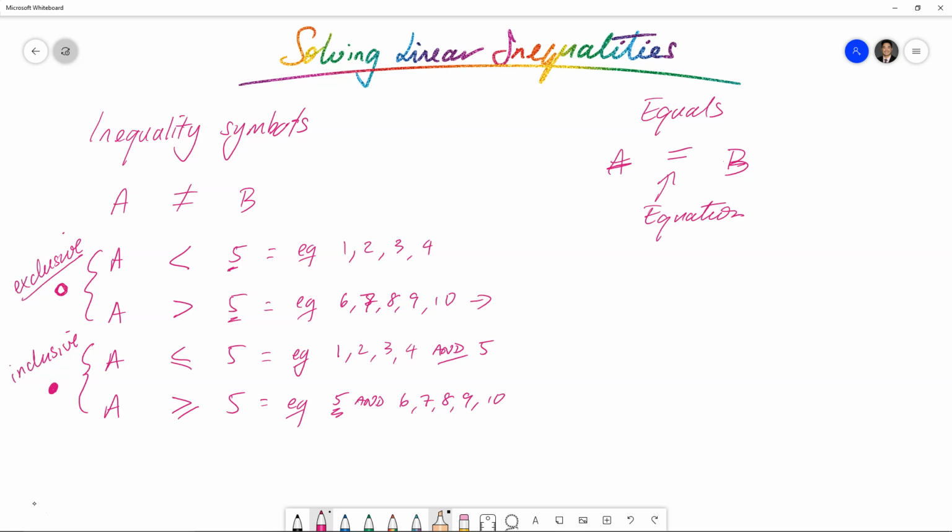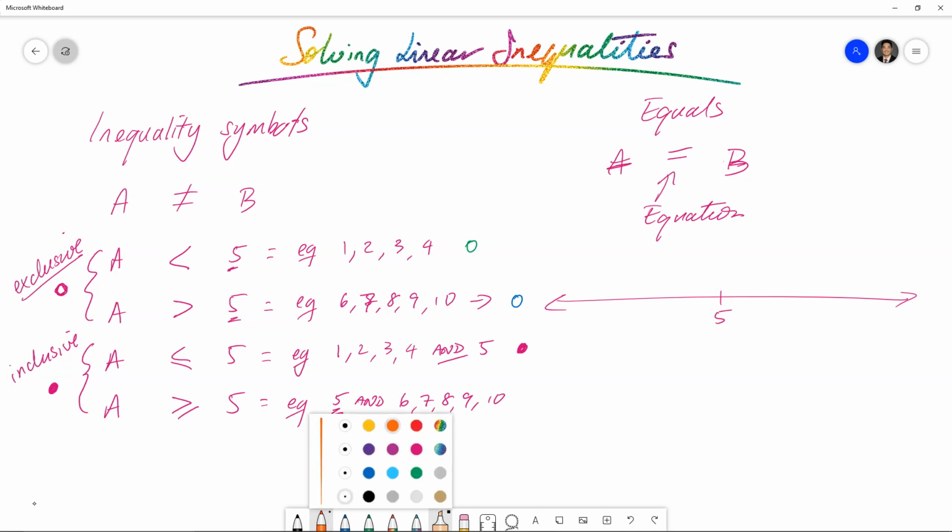For example, if we had the number line here, and this is the number 5, I'll represent these with different colors so you can see the difference. We'll start from the bottom up.